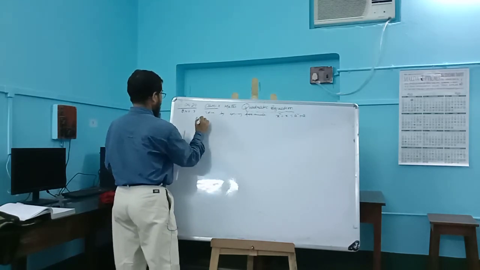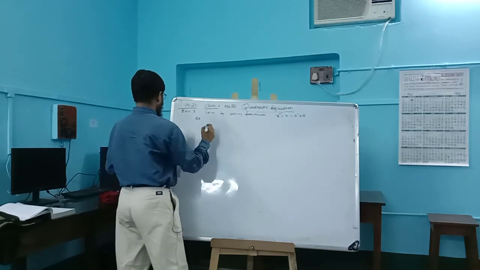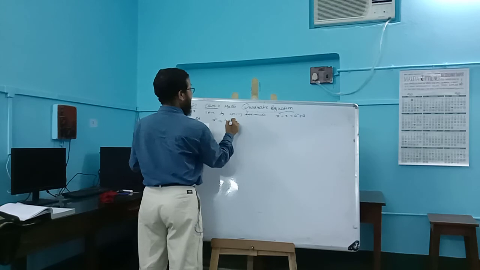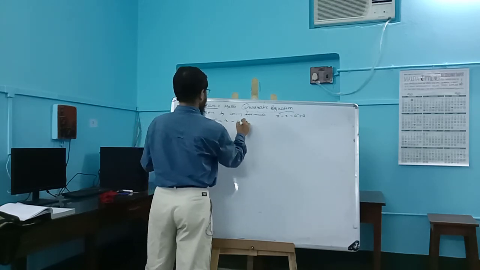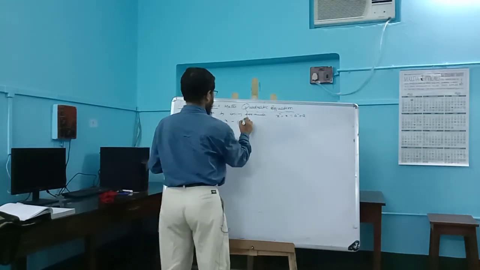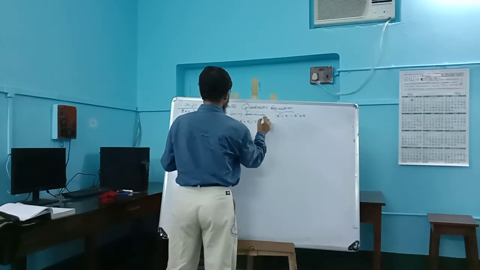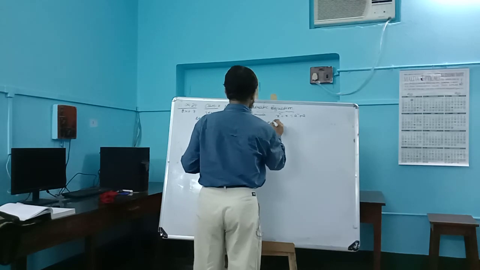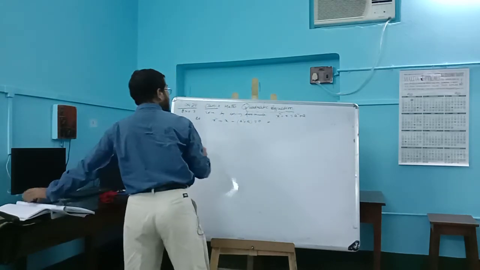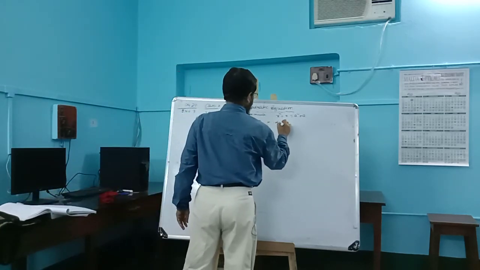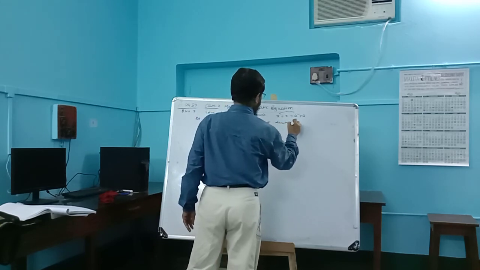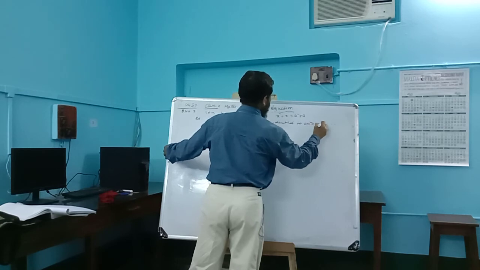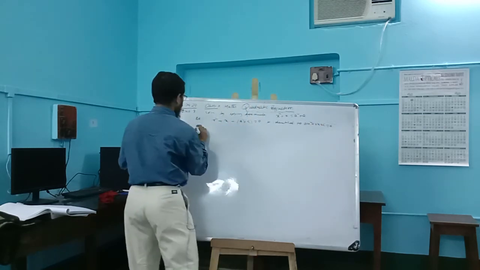Solution: x square plus x minus a square plus a equal to 0 is identical to ax square plus bx plus c equal to 0.